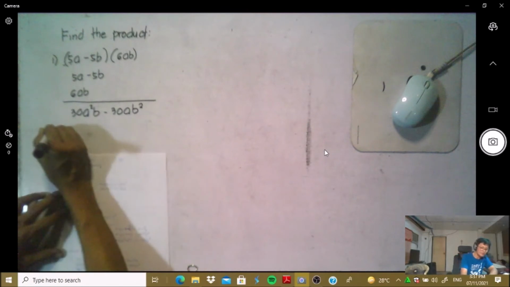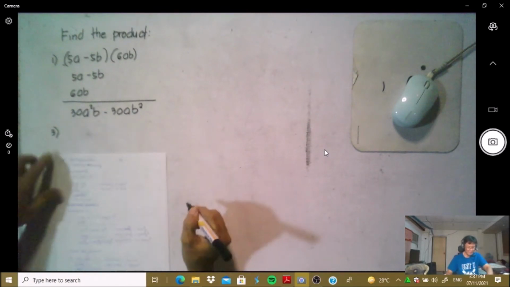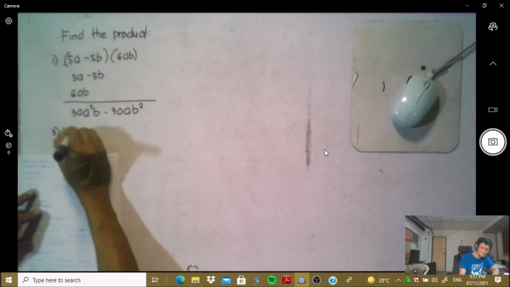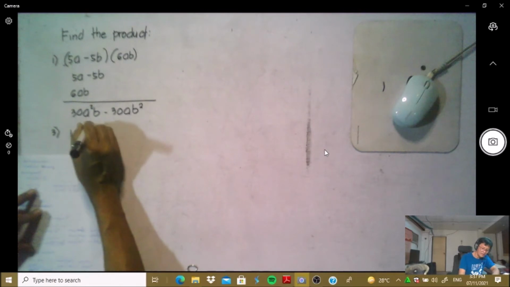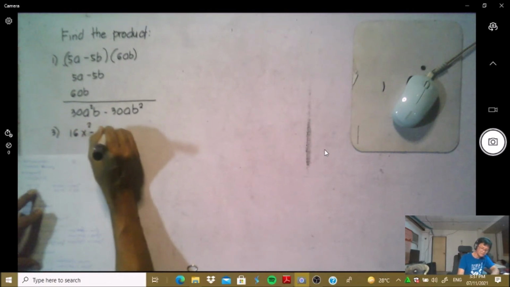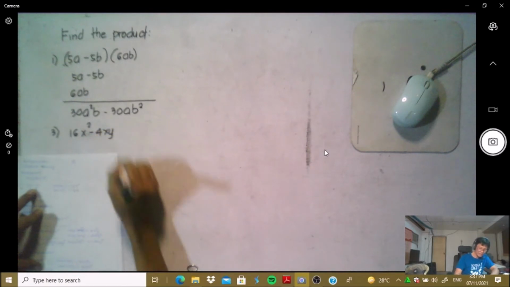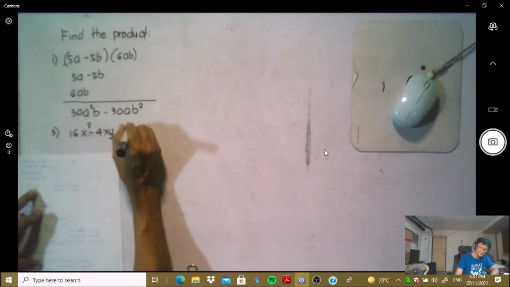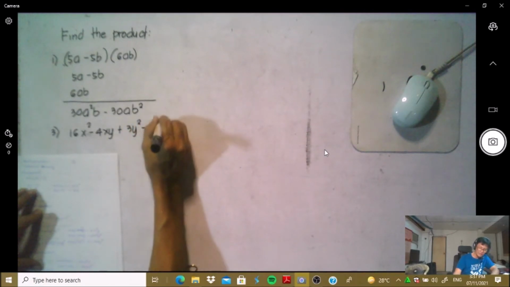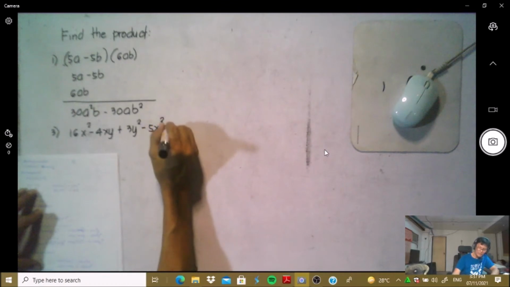Okay, so for number 3, we have 16x squared. So let's do this directly. 16x squared minus 4xy plus 3y squared plus minus 5x squared plus 2xy.